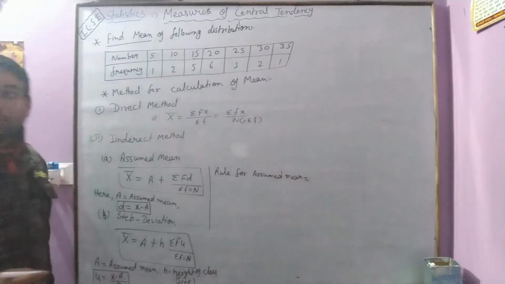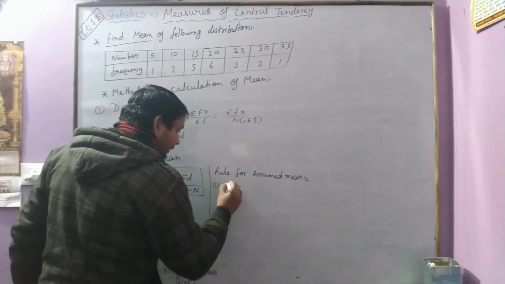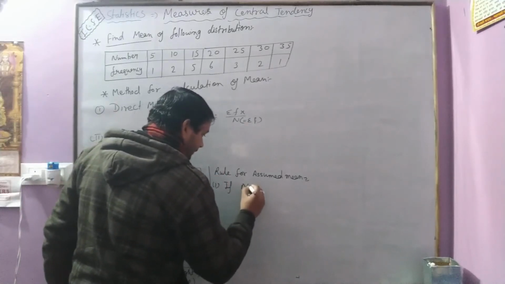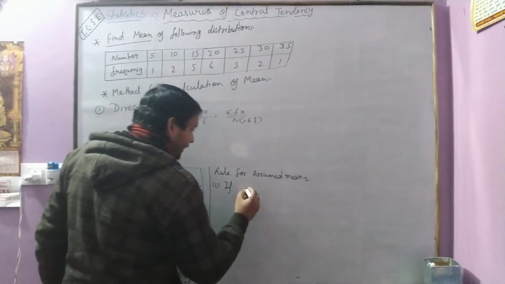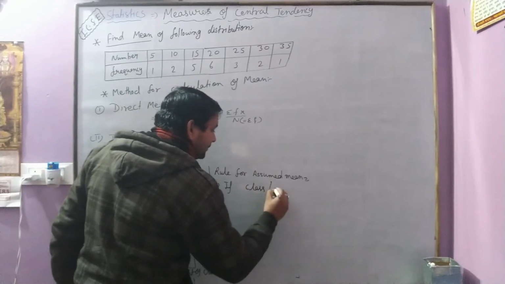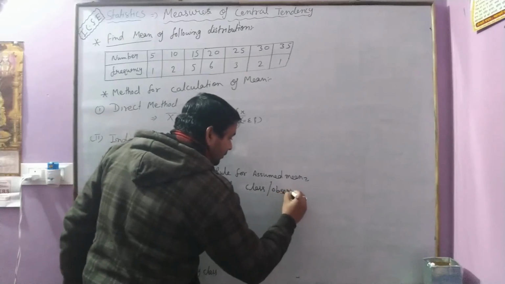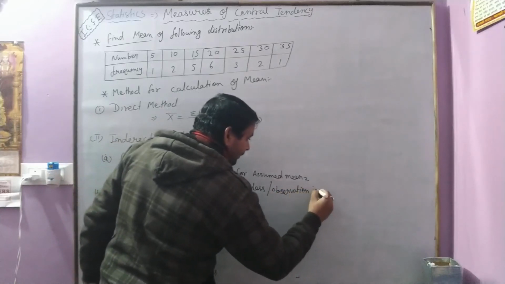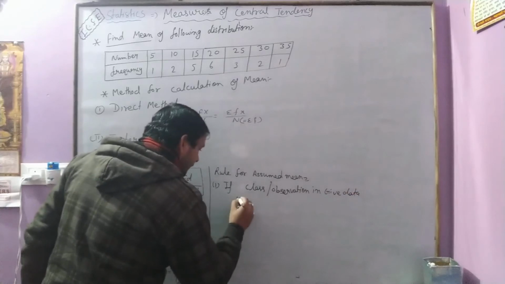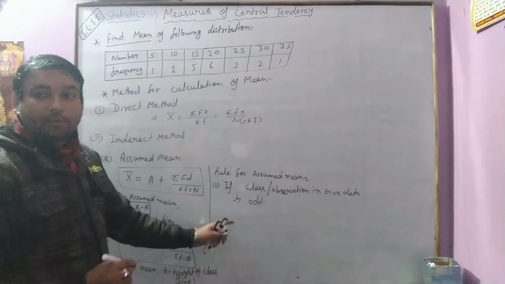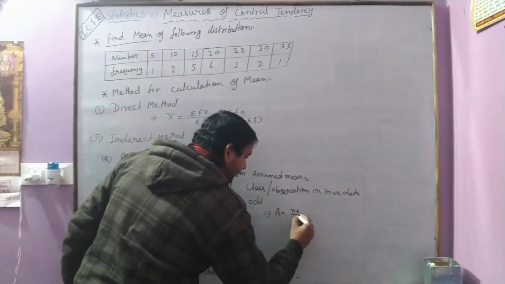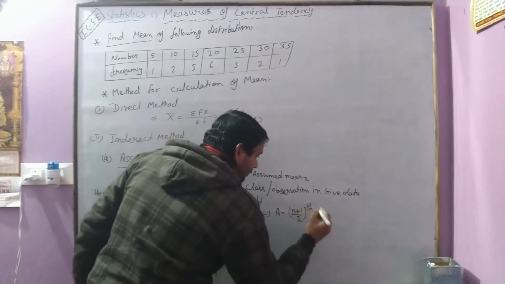Okay, rule for assumed mean is, first, if number of observations, or we say if classes in the data, class or observation in given data is odd, therefore assumed mean is (n plus 1) by 2 class.